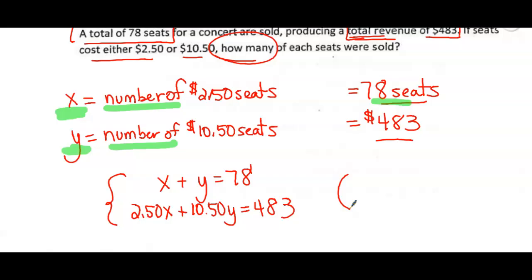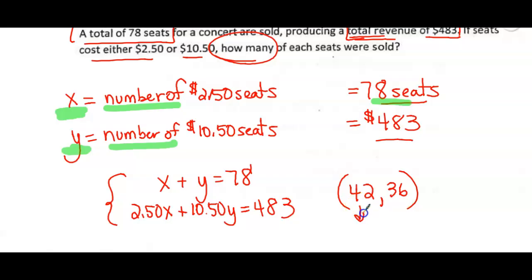The solution should be 42, 36. Now, if you didn't get that, make sure that you put the decimal in, that you hit enter, that you have 1, 1, and 78, 2.50, 10.50, and 483.